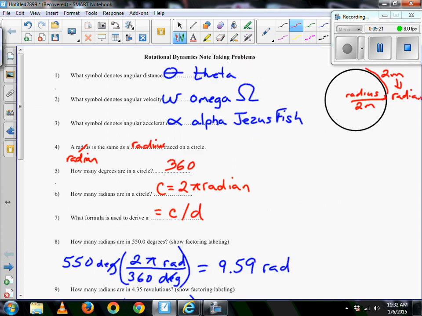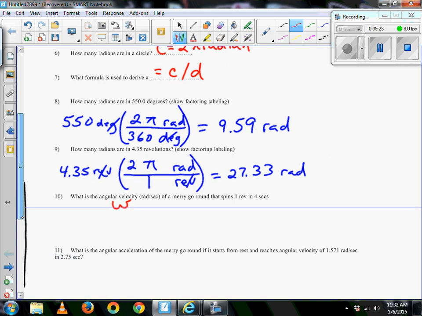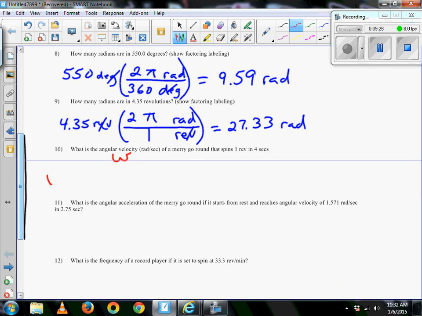So, I want to show you this. What was the old formula for velocity? No, the old formula. Zach, you remember? It was distance divided by what? Time. Okay? The formulas are going to be exactly the same. You're just going to use Greek letters.